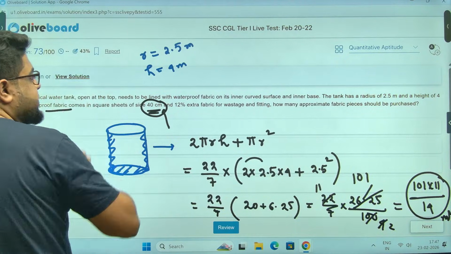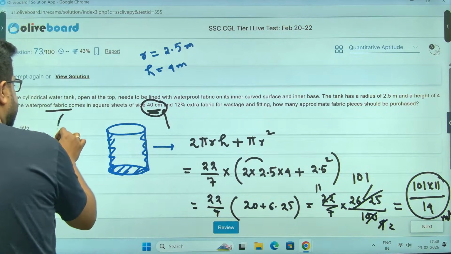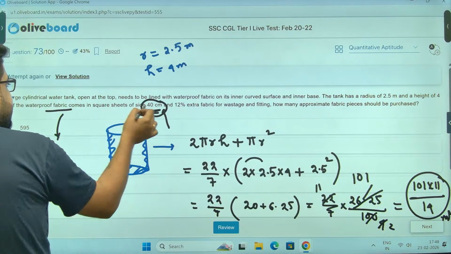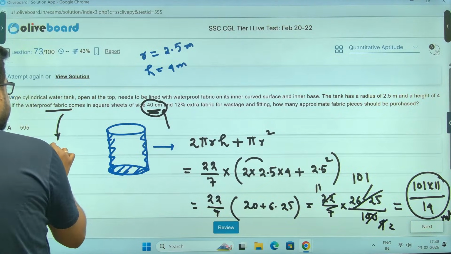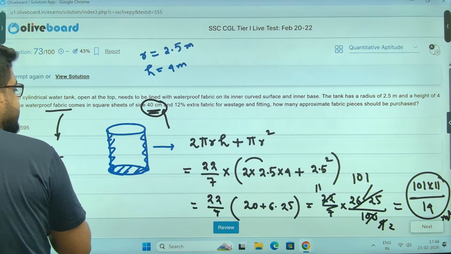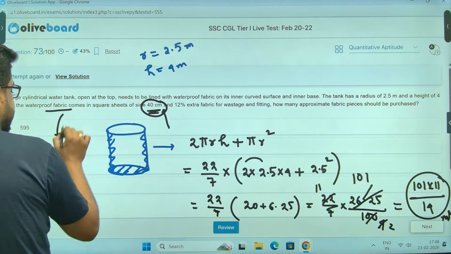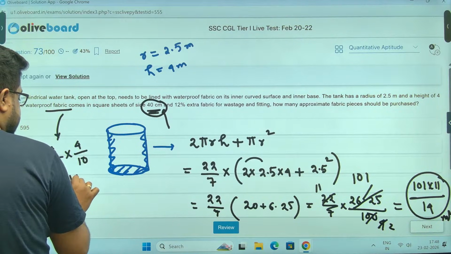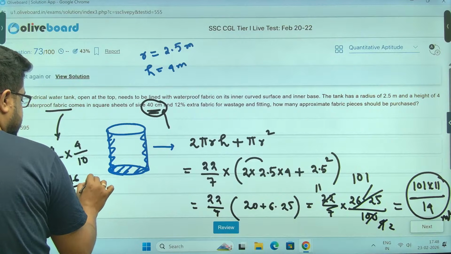The fabric only comes in sheets. So what is the area of each fabric? Area of each fabric, 40 centimeter, meaning 0.4 meters. 0.4 meters, 4 by 10 meters. So the square sheets, meaning the area will be a square. So 16 over 100 meter square.